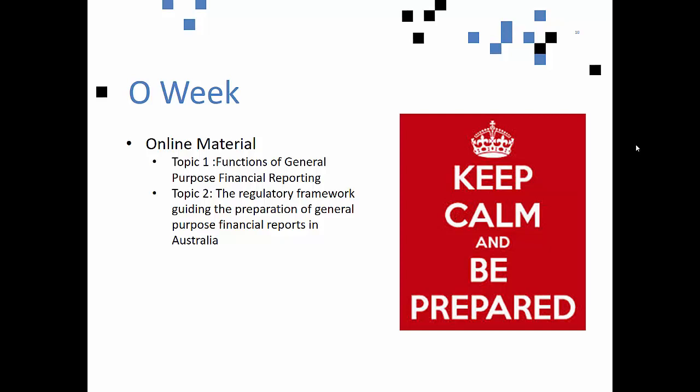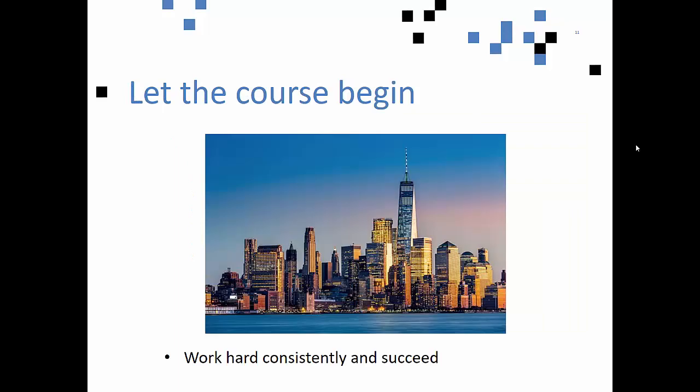So read his chapter on functions of general purpose financial reporting and on the regulatory framework. You should have those read before you come to the week 1 lecture. And please prep the material, so we call it the week 00 material, in preparation for the tutorials in week 1.